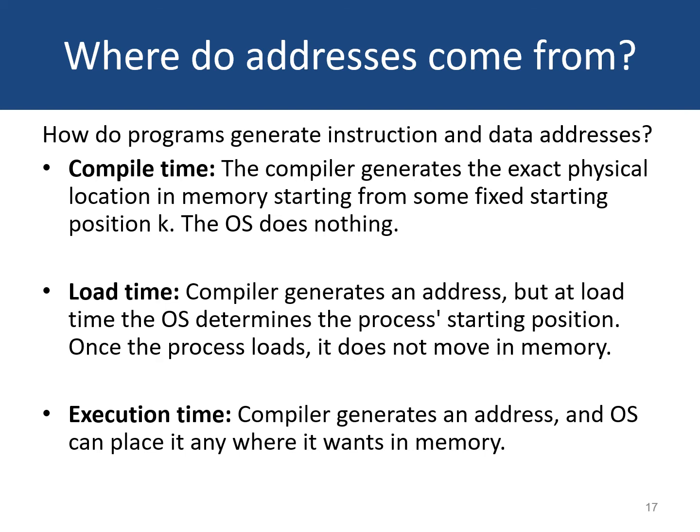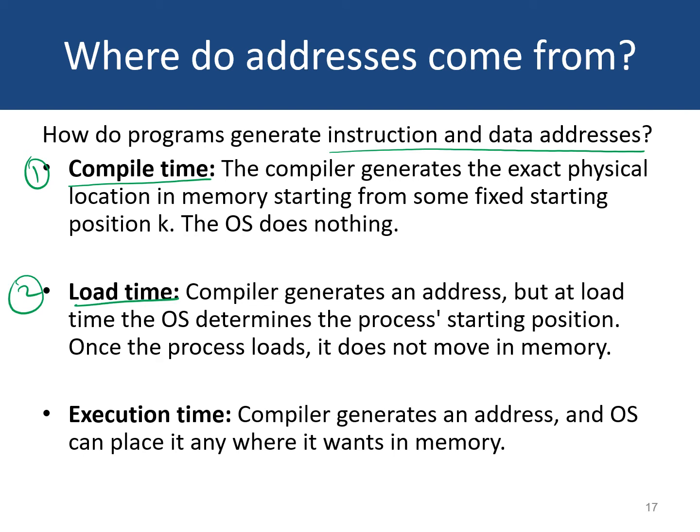So with that background, let's now think about how our programs generate these instruction and data addresses. Broadly speaking, as shown in this slide, there are three ways of generating the addresses that can be used during execution. The first way is at compile time. Here the compiler can generate the instruction and data addresses when it compiles the code. The other possibility is at load time.